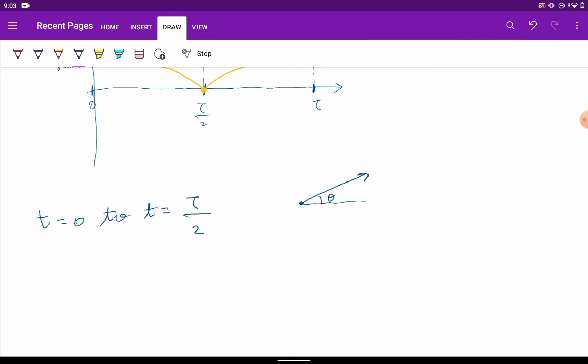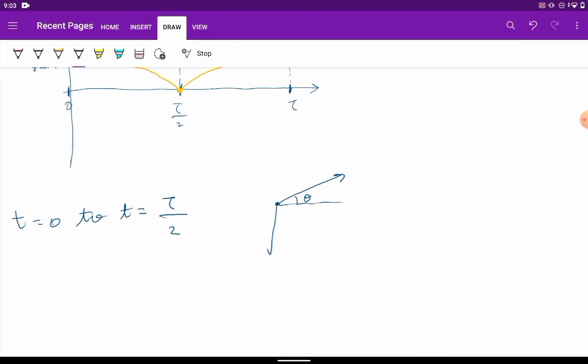Okay, so the component of the acceleration, actual acceleration, is g, right, in the direction of the velocity v at some point t, is in that direction is obviously negative, right, because this angle is obtuse, and cos of an obtuse angle is negative. So t equal to 0 to t equal to tau by 2, it is negative.